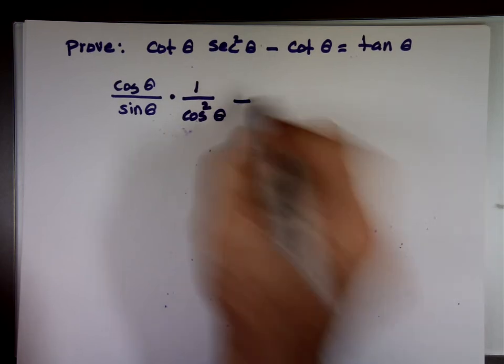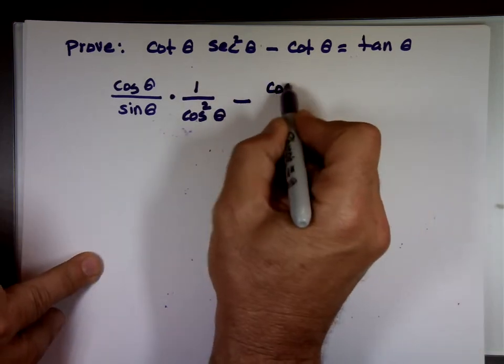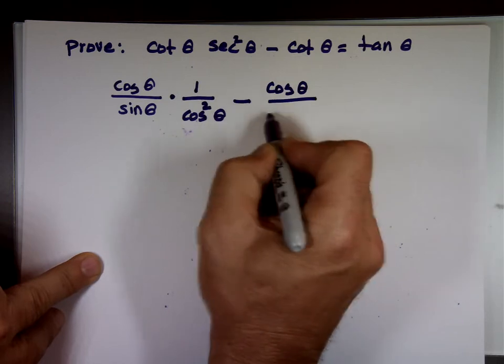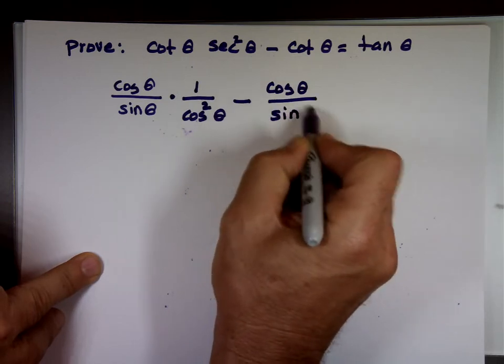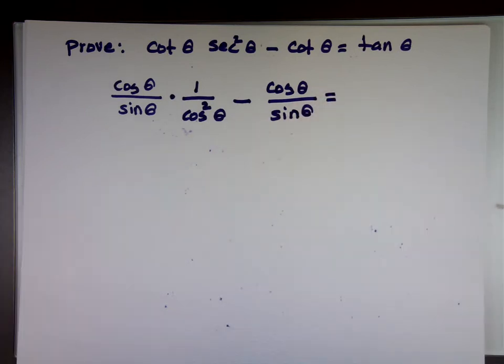Minus the cotangent, which is what? Cosine theta over sine theta. I got lost at secant. It's 1 over cosine, and there's just a square.